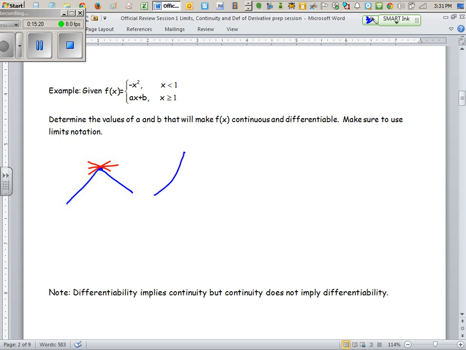If the graph looks like this, you have the same issue. It's hard to pick out what the slope is at that point. In fact, there is no specific one. Another case is sometimes the graph is just simply broken, like this. You shouldn't be drawing tangent lines here, should you? But there's a fourth kind where it feels like you're drawing a tangent line, and you are.